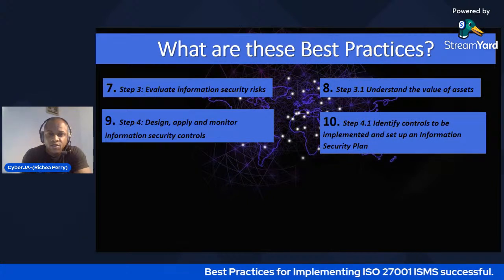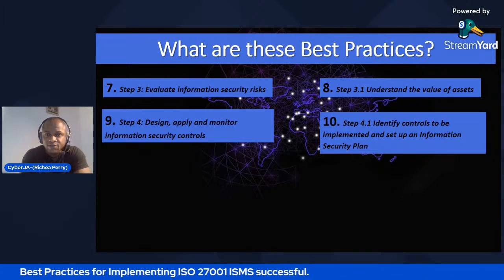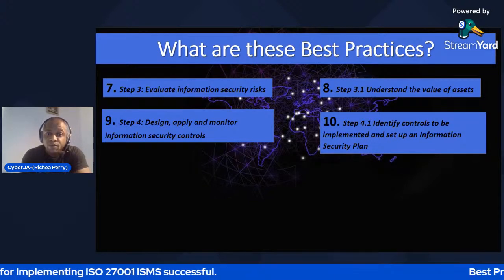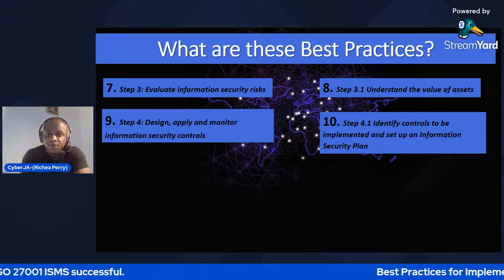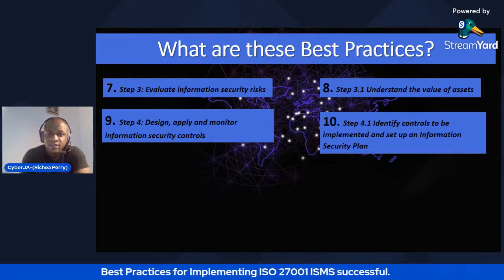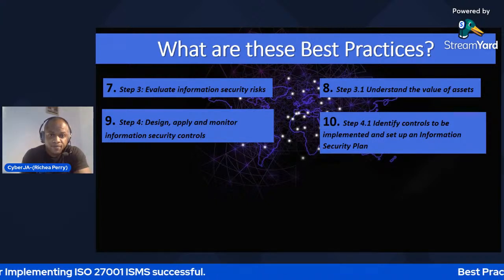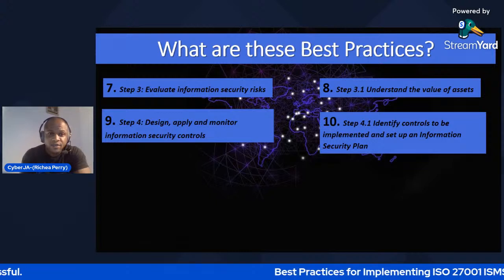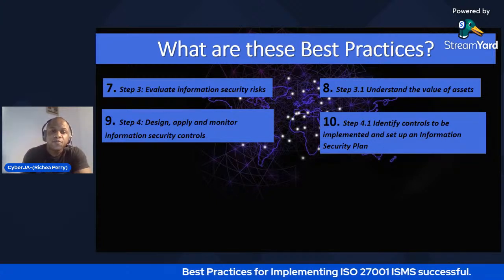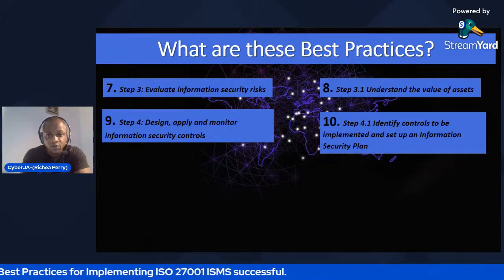In step 10, in terms of best practice, you want to identify controls to be implemented and set up an information security plan. So identify controls to be implemented and then set up an information security plan. In this best practice, information security controls are the core elements in charge of reducing risk.